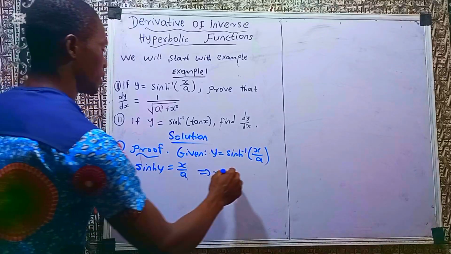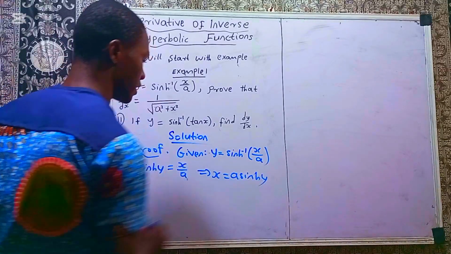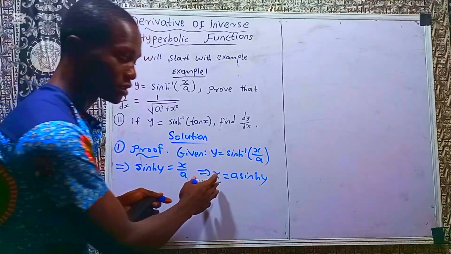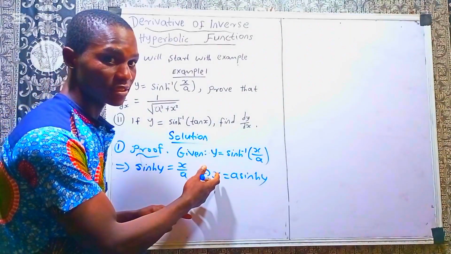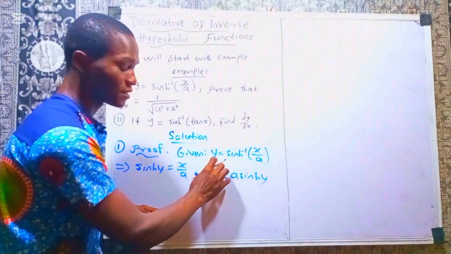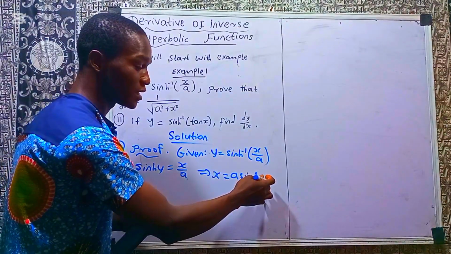Multiply here by a, you have a hyperbolic sine of y. It means that x now is the dependent variable, while y is the independent variable, because x now is made the subject of the formula.